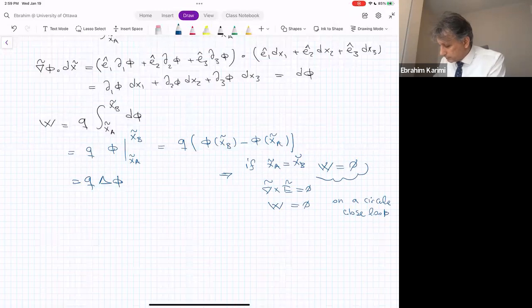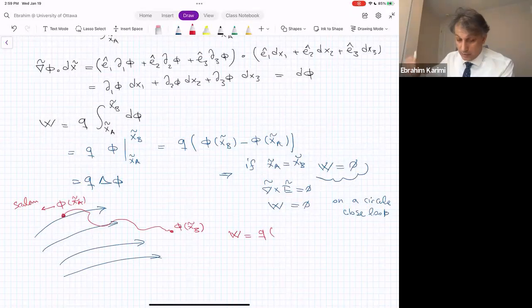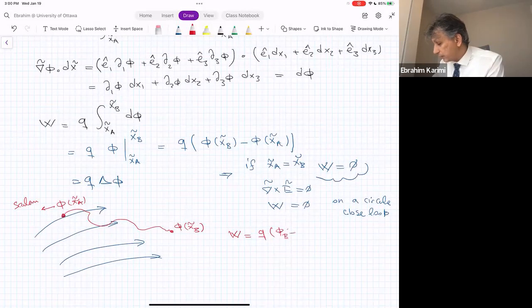So remember that if that's the electric field and you are moving your particle from this place to this place, and the potential here is phi a, remember this is a scalar quantity, and the potential there is phi b, then simply the work that you need to do is q times phi b minus phi a.